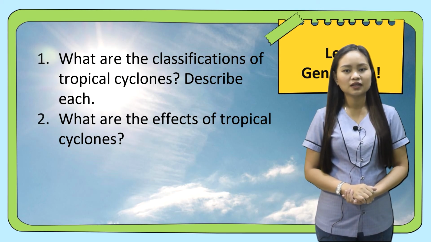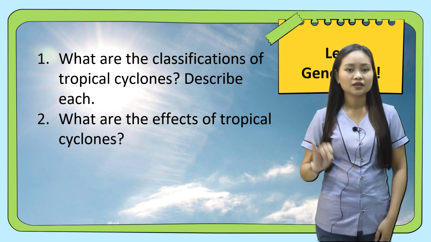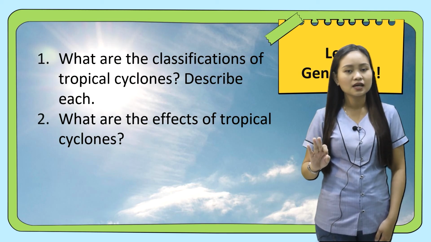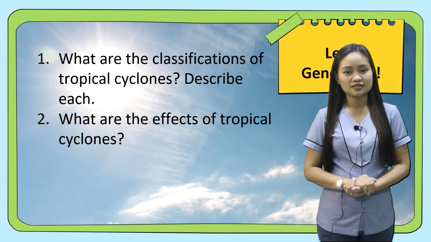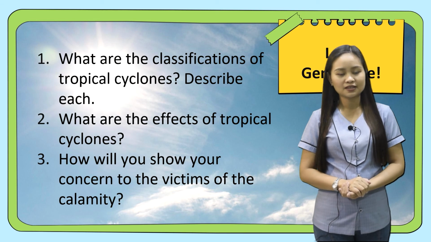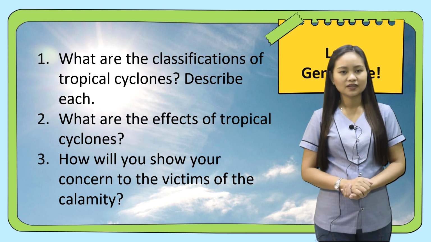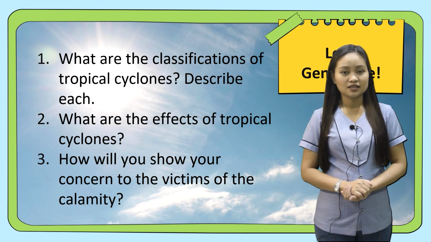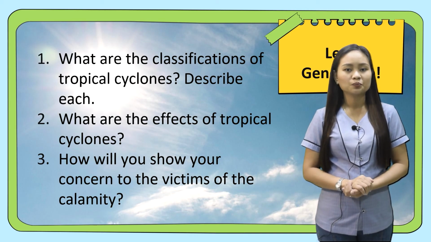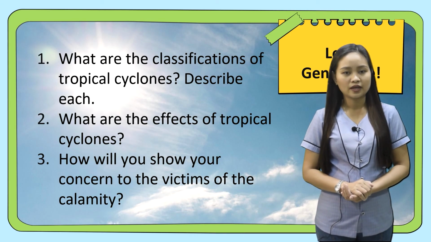Heavy rains resulting in flooding, great damage to crops, houses and buildings, and death due to accidents. How will you show your concern for the victims of the calamity? That's correct. Giving donations and help to victims of calamity will be of great help to them.